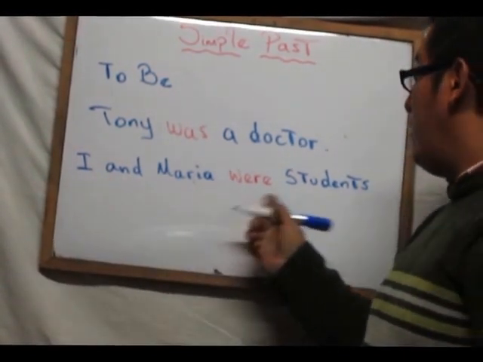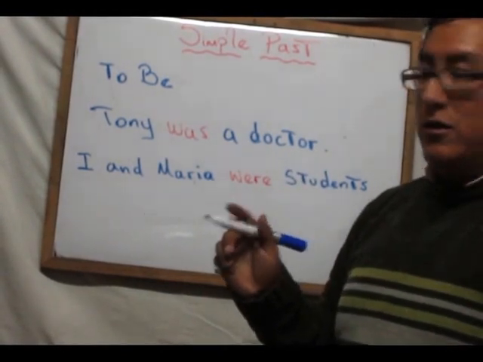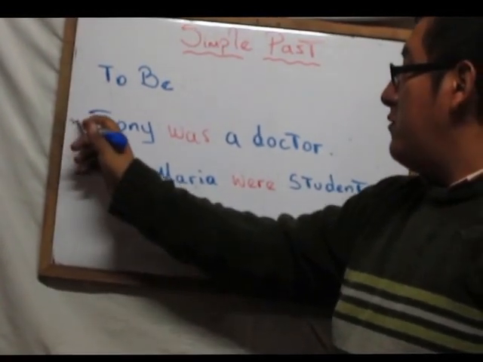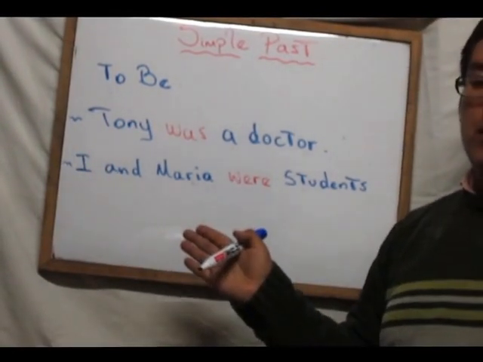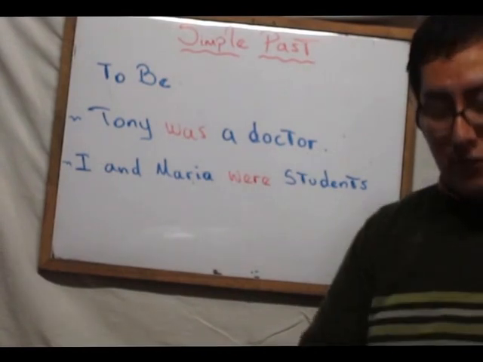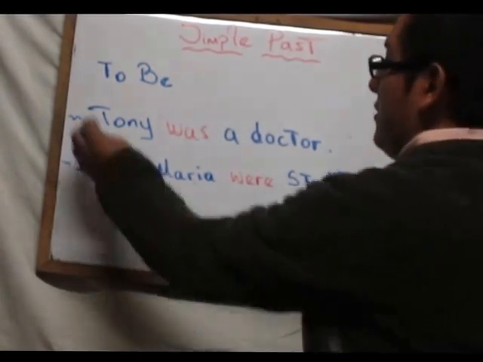I and Maria were students. And these sentences were in the past. And what happens if you use other verbs?